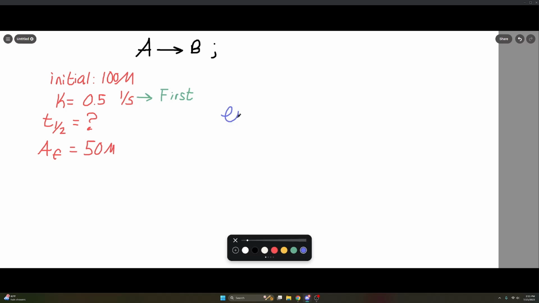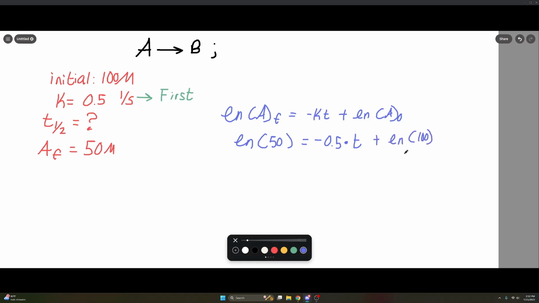It's still the same original equation. Plug and chug. I'm going to plug in my final concentration, which is 50 in this case. My K is 0.5. My T is what I'm solving for, so leave that alone. And my initial is 100. Once again, my first step is I'm going to subtract the natural log of 100.